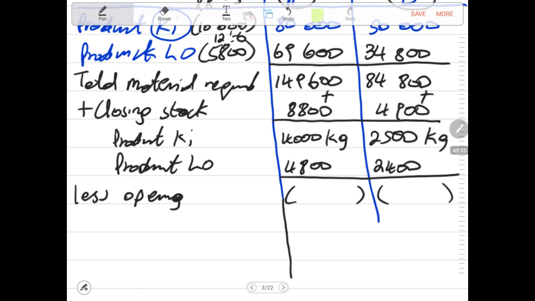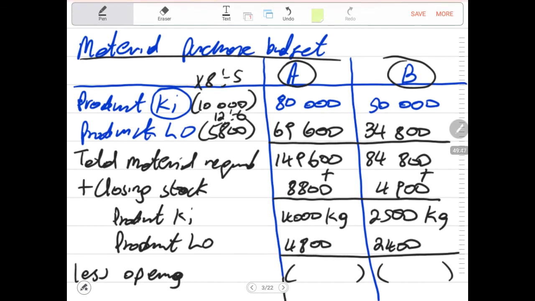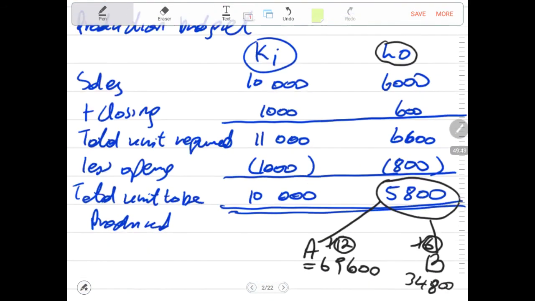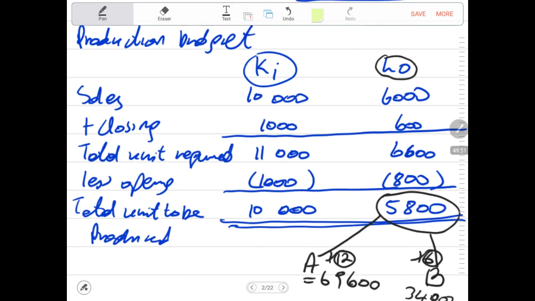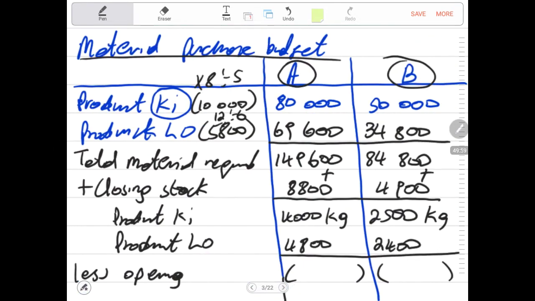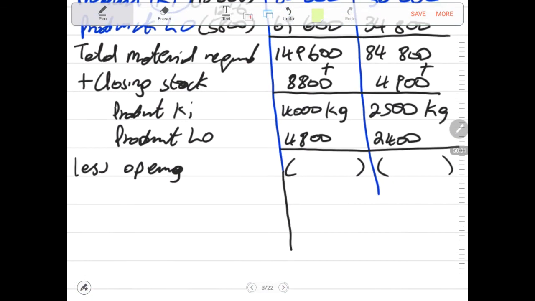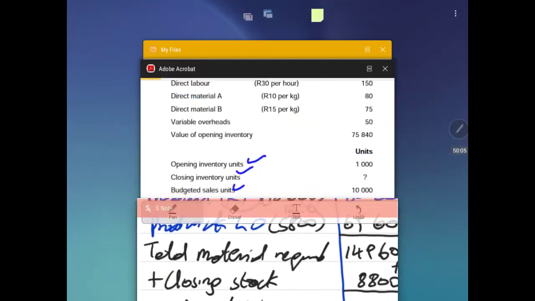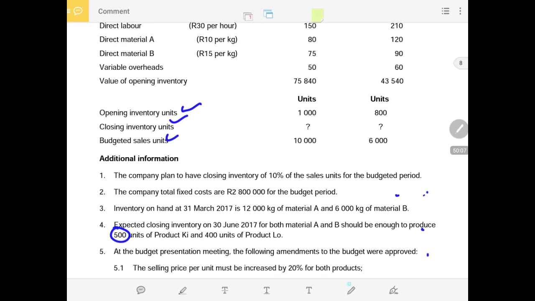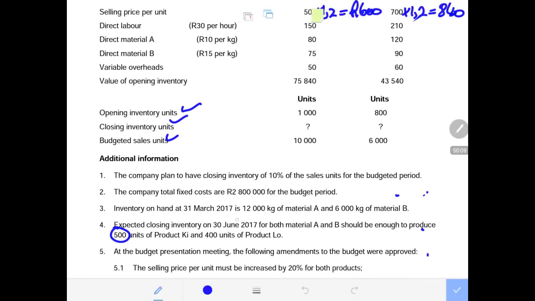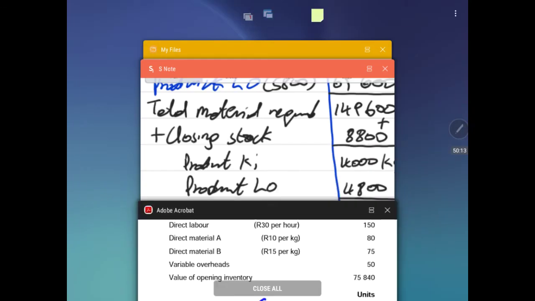So hence, in the previous budget, we minus the opening. Why? Because the opening would have been purchased already in the previous period and became opening. So now we look for the opening units, which is provided to us as 12,000 and 6,000 kgs for A and B respectively.